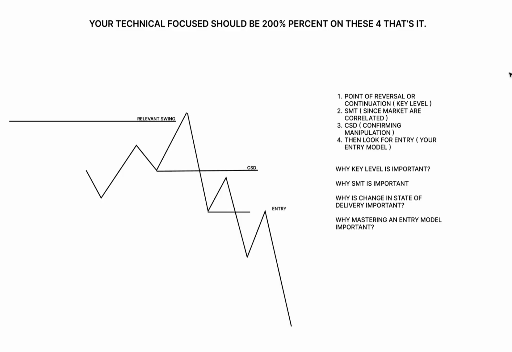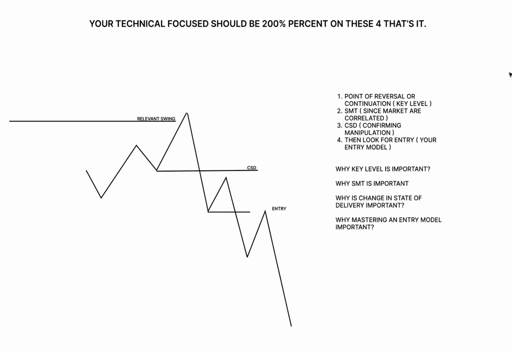Number three. You need the change in the state of delivery. You need the confirmation that the price manipulated, right? If you're someone that trades ICT, you need to look or wait for a CSD.